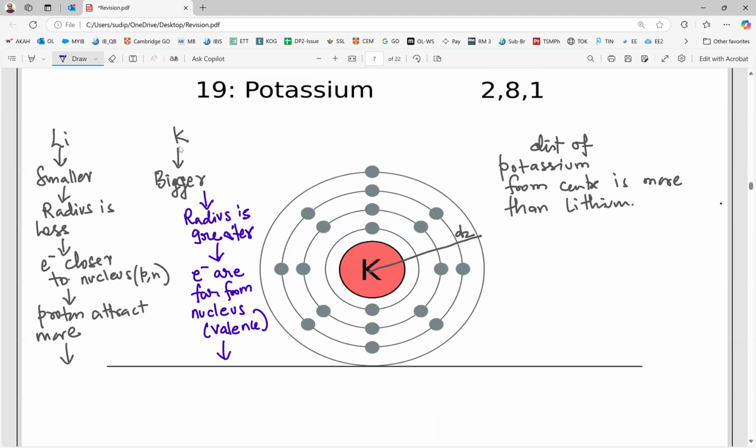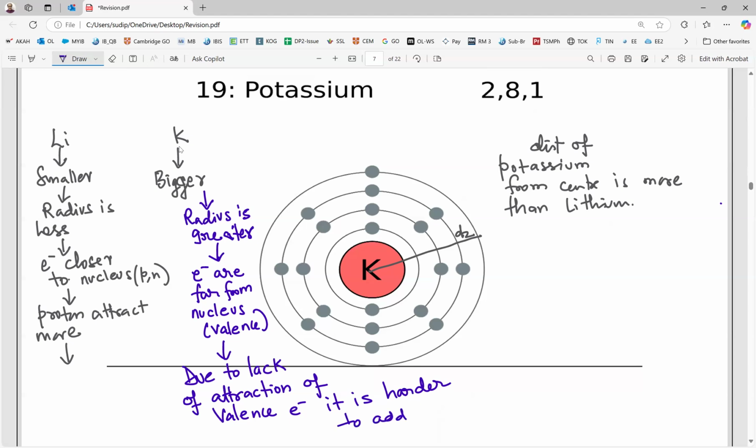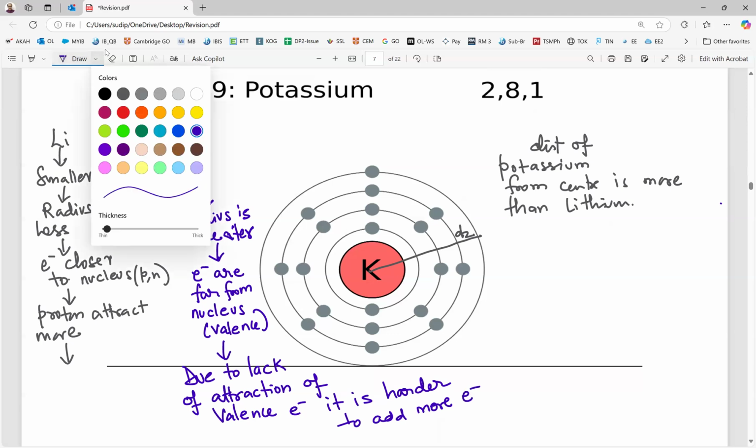Because it is far, and in case of lithium it is very close, due to lack of attraction of the valence electron, it is harder to add more electrons to potassium.